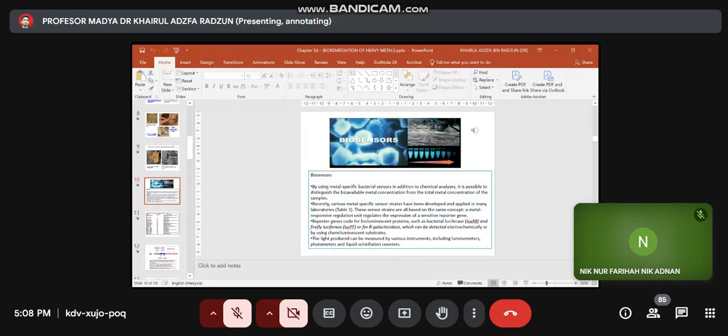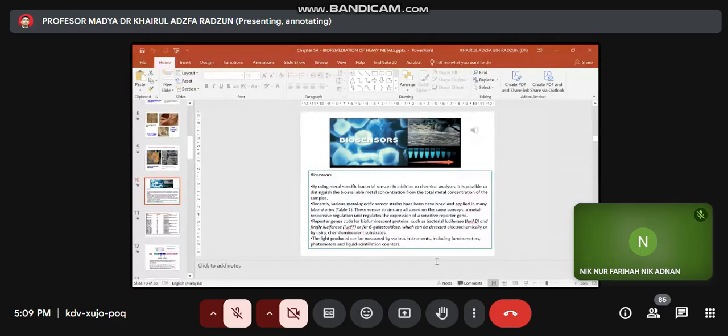Because from the interaction of microbes and metals, we can use this special interaction to develop biosensors to detect the metals.